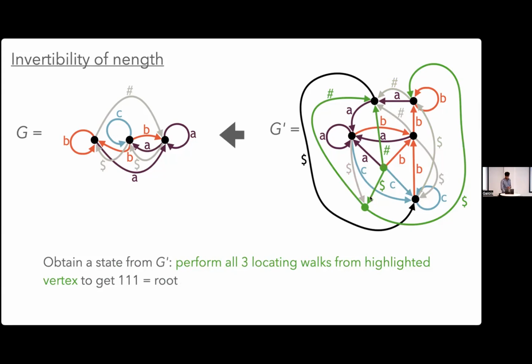I can walk away another way, I'll get $, and I'll walk away a different way, I'll get $hash. That's 3 distinct identifying tags, and I know that there are 3 vertices in my original graph. So I conclude that this green vertex is the all ones bit set.